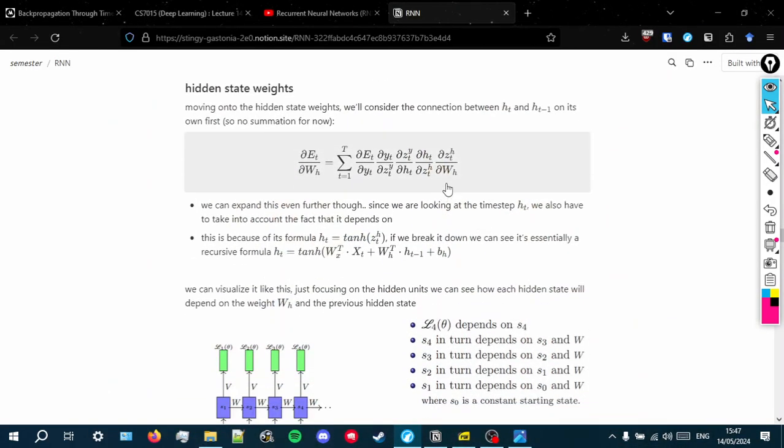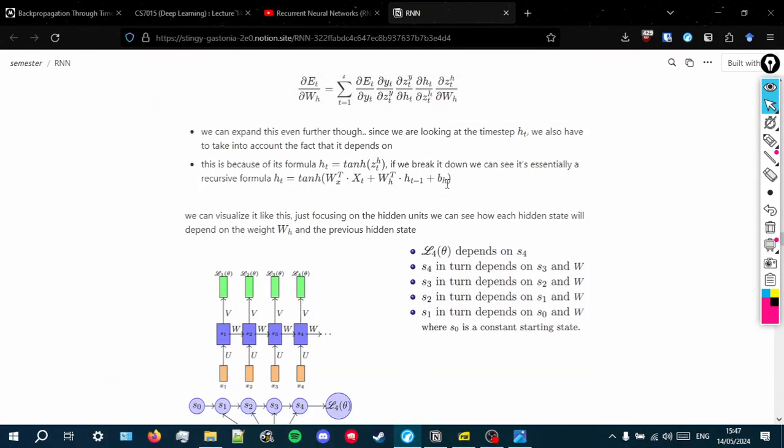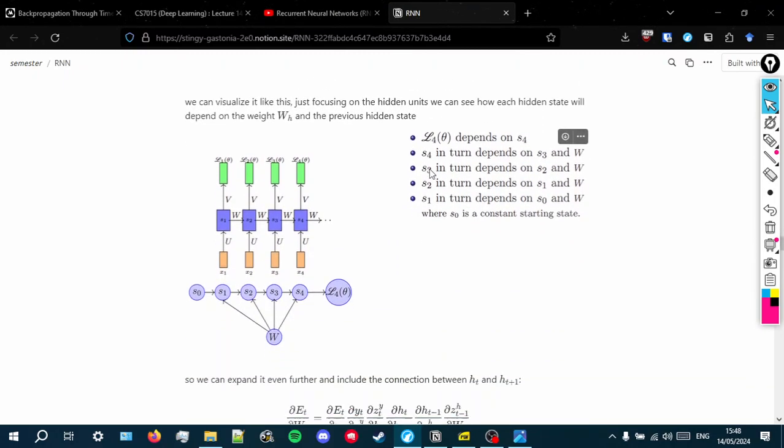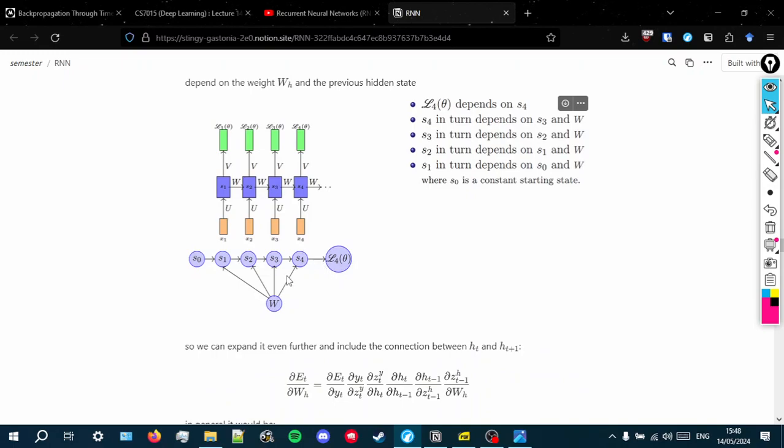But this is not enough, or there are other paths that we have to consider, where this is another way of visualizing it. All of the hidden states depend on each other. This final hidden state here, for example, they're using different notation from us, but it's the same idea. All of these hidden states, 4 depends on 3, 3 depends on 2, 2 depends on 1, 1 depends on 0.